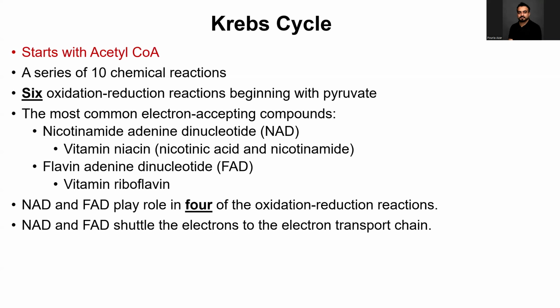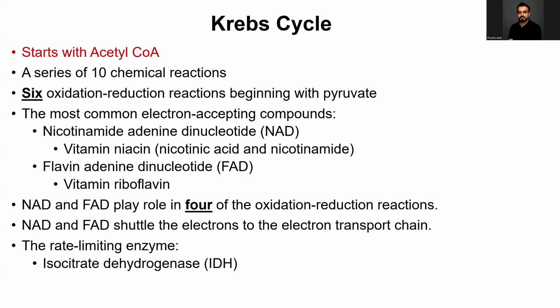NAD and FAD get electrons from compounds in the Krebs cycle, and they shuttle the electrons to the electron transport chain, which passes the electrons through a series of chemical reactions, and from that we get ATP.